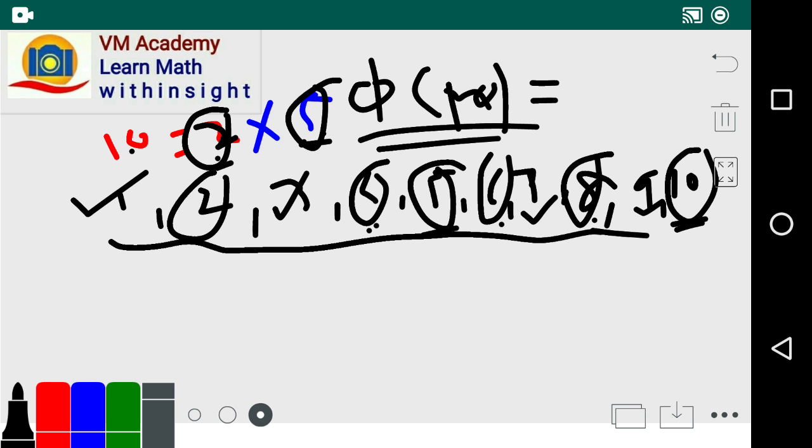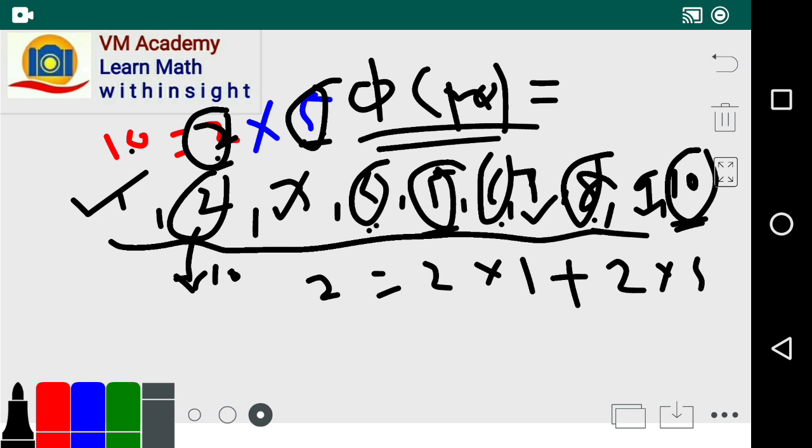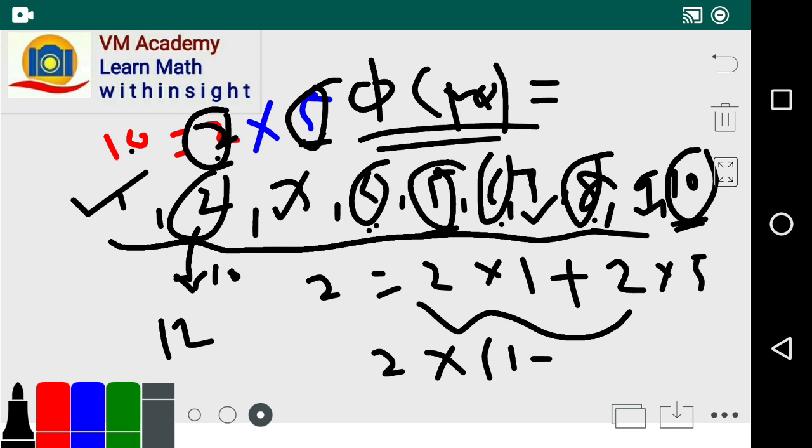Now friends, consider 2, which shares 2 as the factor. That means we can write 2 as 2 into 1. Now what if we add 10 to it? Adding 10 means 10 can be written as 2 into 5. So we get the number 12, and 12 can be written as 2 into 1 plus 5. That means 10 has factor 2 and this 2 also has factor 2.